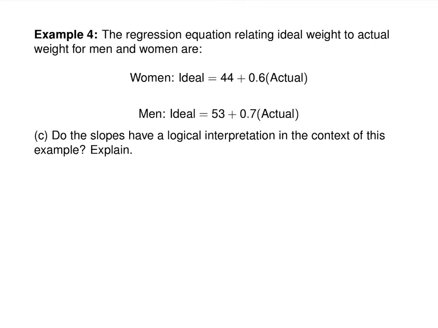And do the slopes have a logical interpretation? Explain. So yes, I think they do. We'll just look at the women's. So for women, the slope is 0.6.